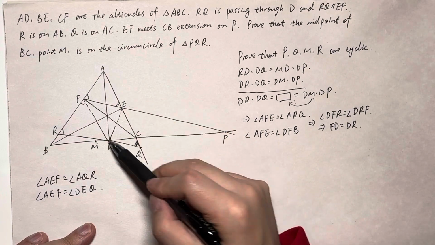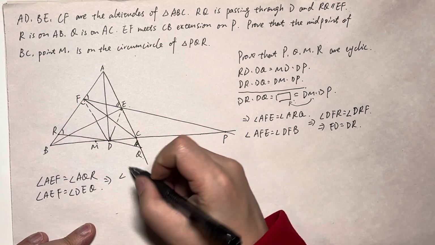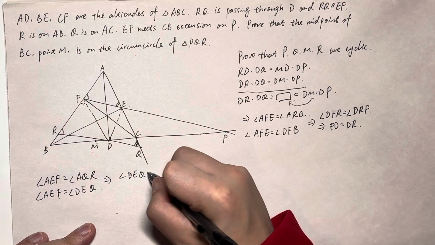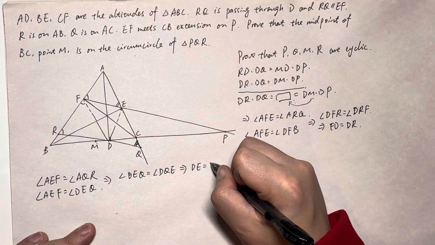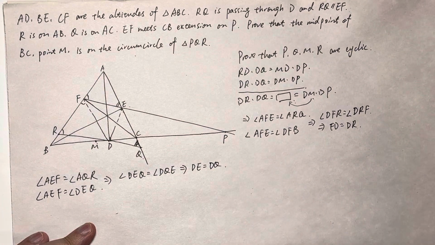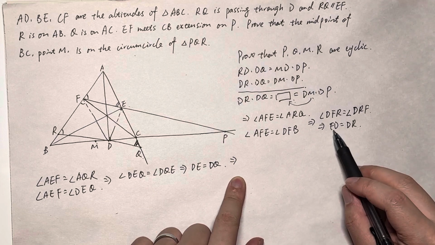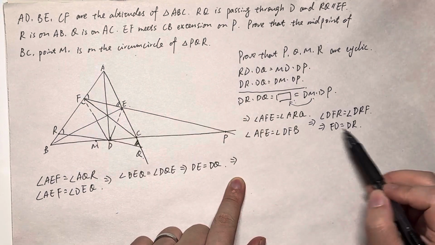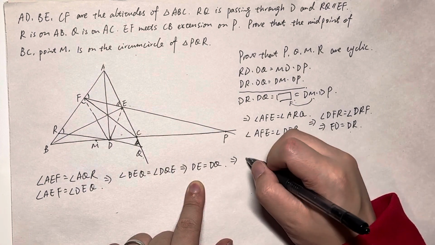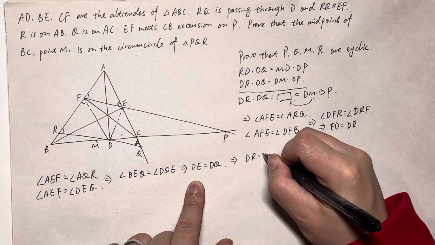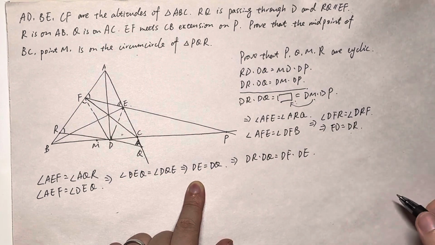And angle AQR can be rewritten as angle EQD. So angle DEQ equals angle DQE, which means DE equals DQ. So we just get DR equals DF and DE equals DQ. That means DR times DQ equals DF times DE, right?